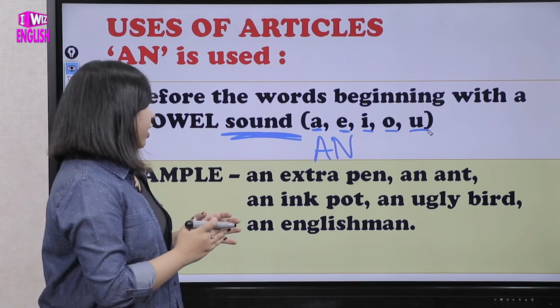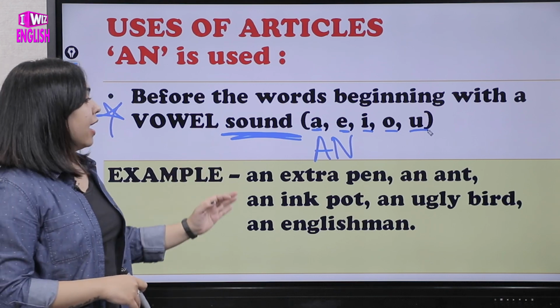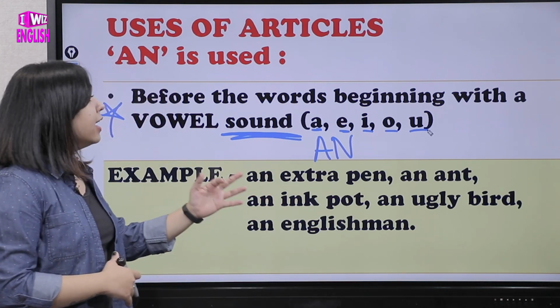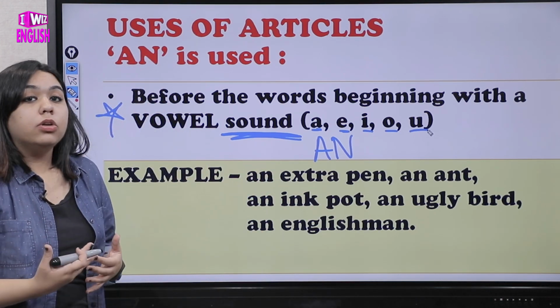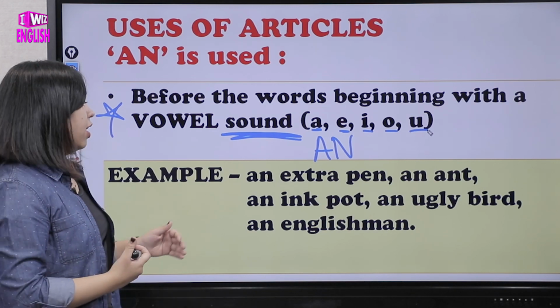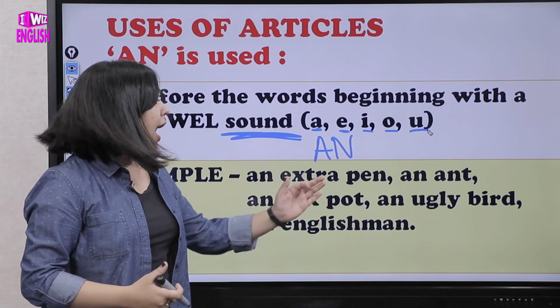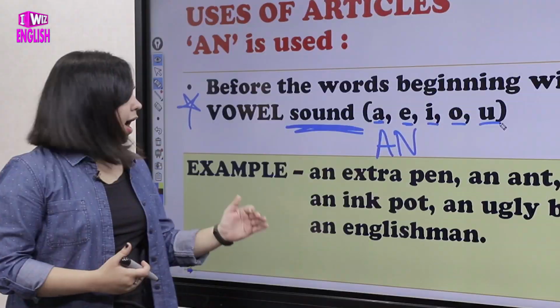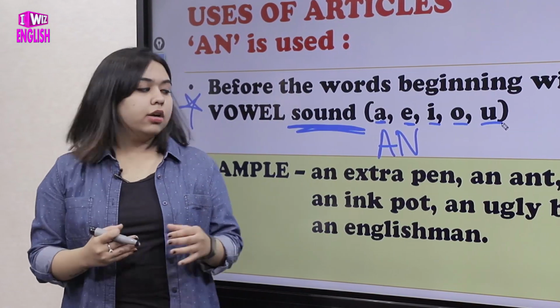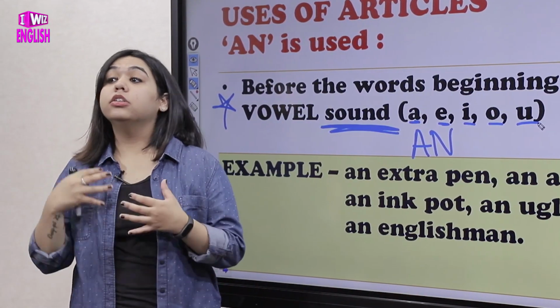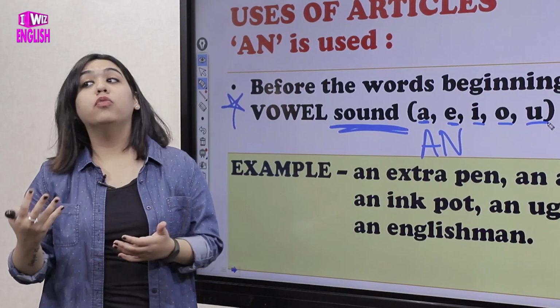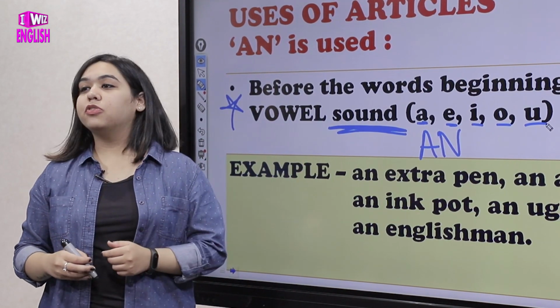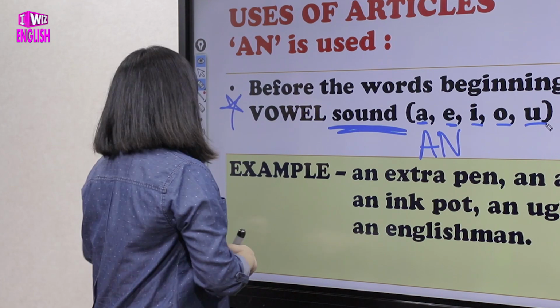Keep it clear, okay. Now for example, an extra pen, an ant, you see that you are able to hear the sound of that vowel. An ink pot, an ugly bird, an Englishman. So in all these examples you hear the sound of the vowels, okay. That is why we have used the word an, okay.